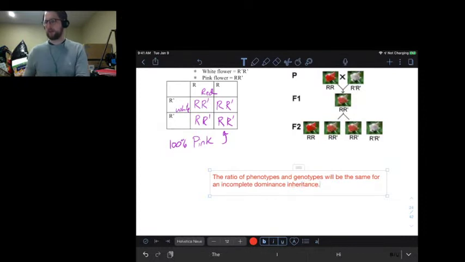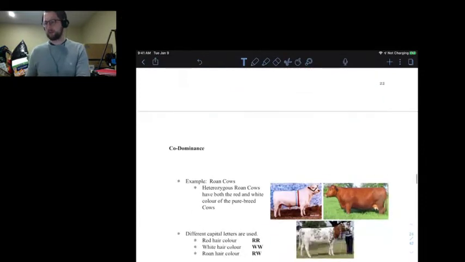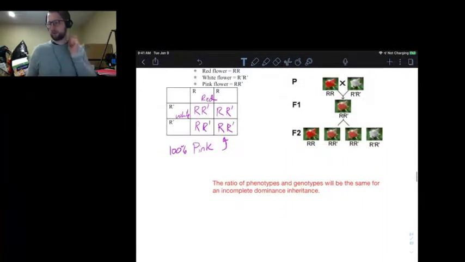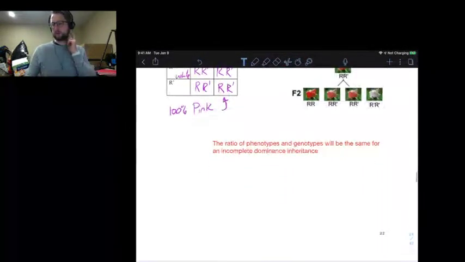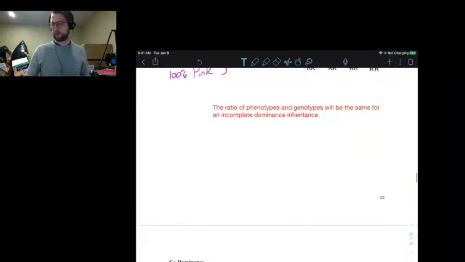Okay. And then we're going to contrast that with another type where the two alleles work together in a unique way, and that is called codominance.